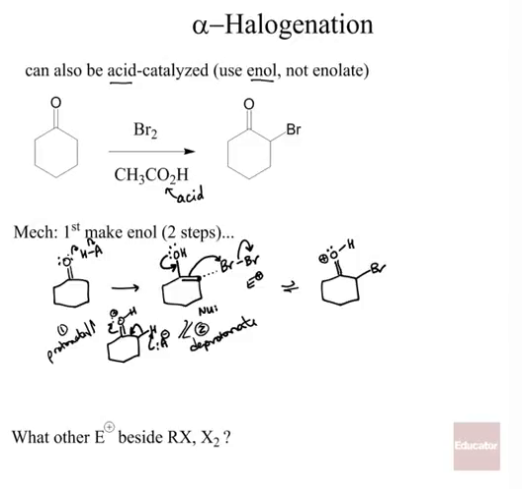So I'm very close to my product, right? What do I have to do to get to my product? I simply have to deprotonate the carbonyl. We can bring A minus back in, or we could use the Br minus that we just formed, and we can deprotonate.